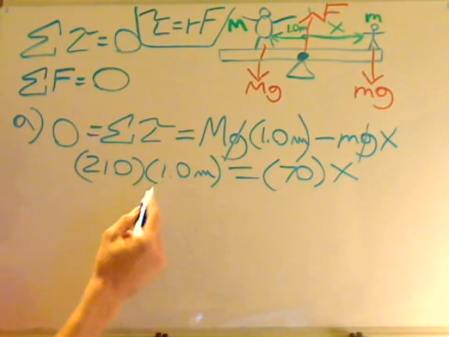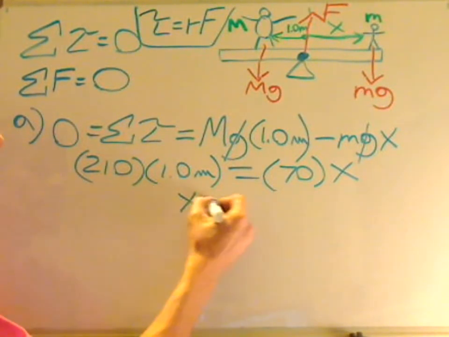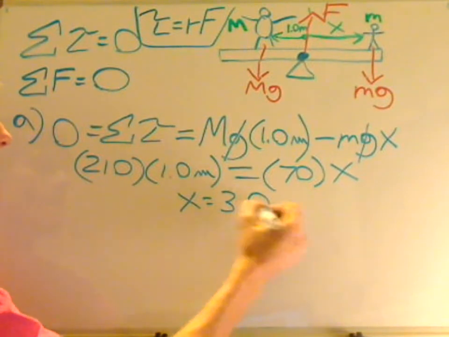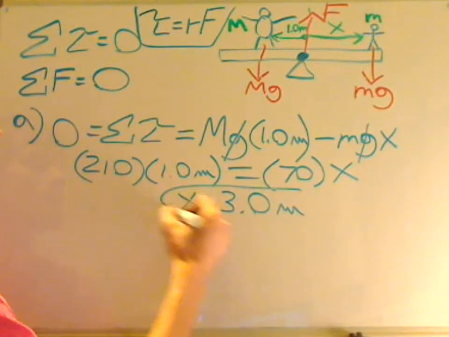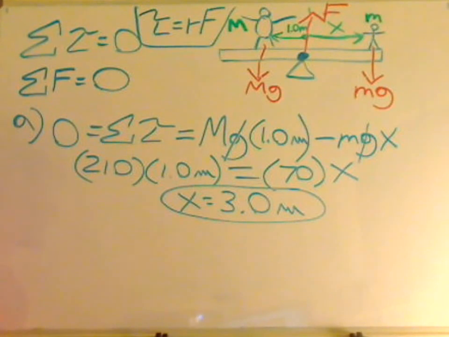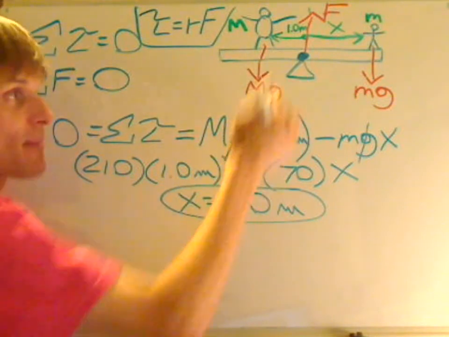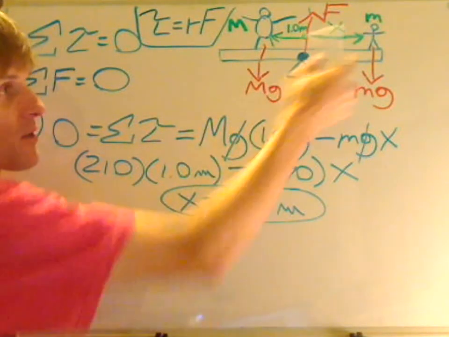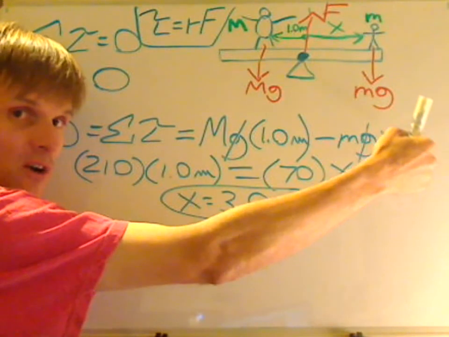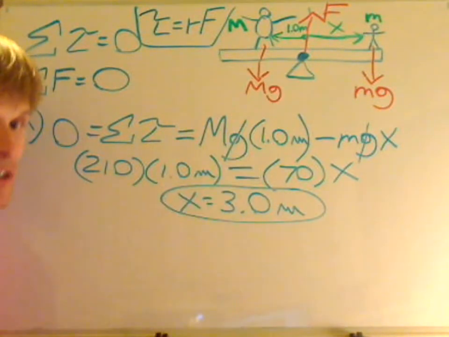So you solve this algebra and we get x is 3 meters. So that's not a big surprise. The gorilla is 1 meter from the pivot point, and he has 3 times the mass of our man. So our human here has to stand 3 times as far away from the pivot point to balance that situation.